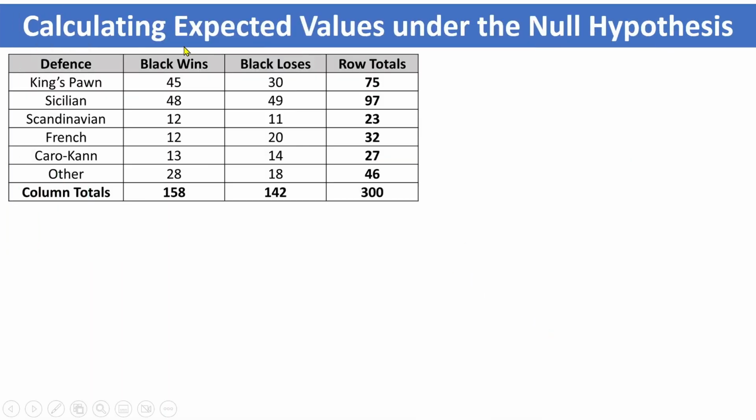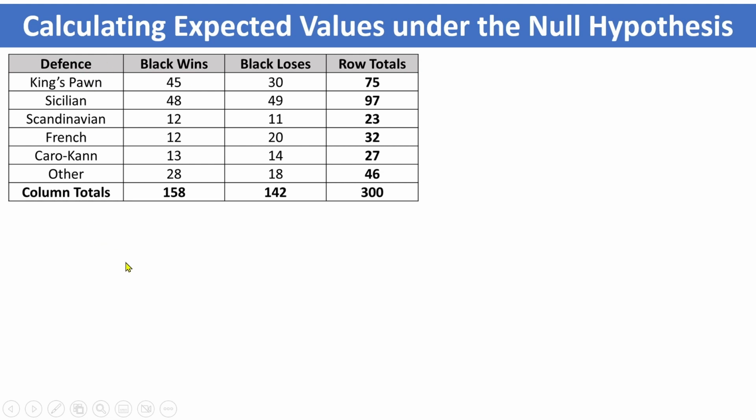We're going to calculate the expected values under the null hypothesis. So let's just be clear. The null hypothesis is that no matter what defense black chooses, the probability of winning with the black pieces is the same. That's the null. The alternative is that the probability of winning depends on which defense is chosen.